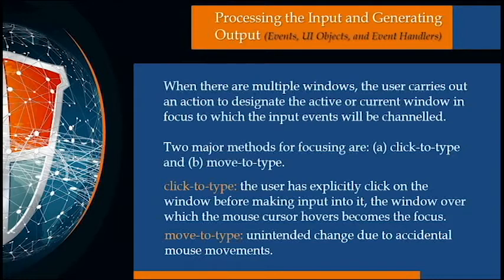There are two major methods for focusing on your window: click to type and move to type. In click to type, the user has to explicitly click on the window before making input into it. In move to type, the window over which the mouse cursor hovers becomes the focus, which can cause an unintended change due to accidental mouse movement.